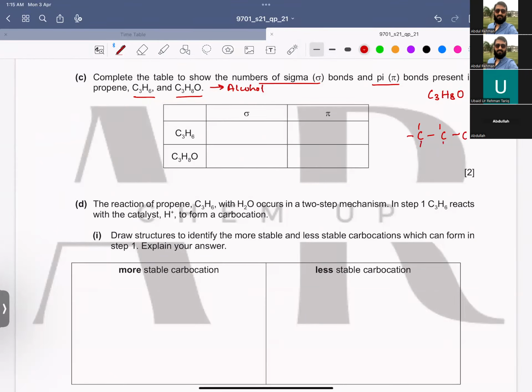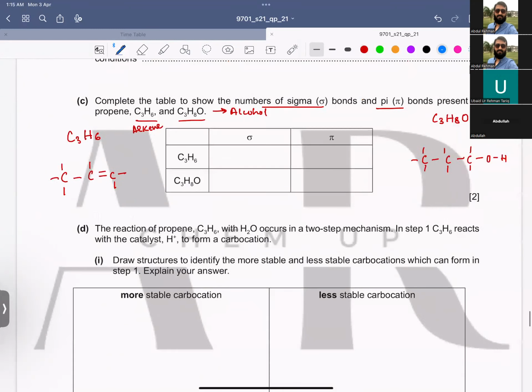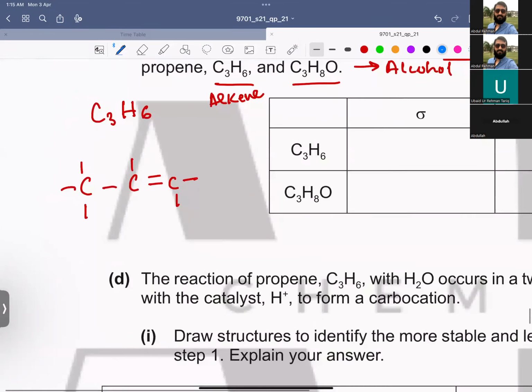I'm not drawing the hydrogens, only the hydrogen that is bonded to O. If we look at C3H6, there are 3 carbon atoms and it's an alkene. So there is a double bond and the empty bonds are the hydrogens. So if we look at C3H6, how many sigma bonds are there? Can anybody count and tell me? Yes, in C3H6, how many sigma bonds are there?